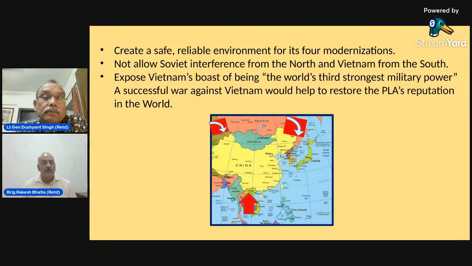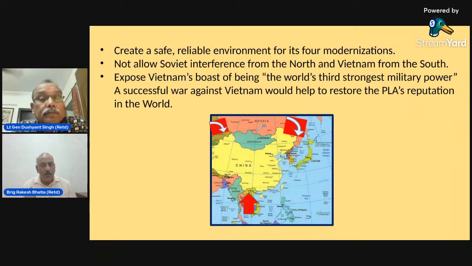He knew that for these four modernizations to happen, he needed a very stable situation within the country. Now, stability cannot be presumed till such time your borders are secure. So he wanted to make sure that from the south, the threat of Vietnam supported by the Soviet Union is eliminated.